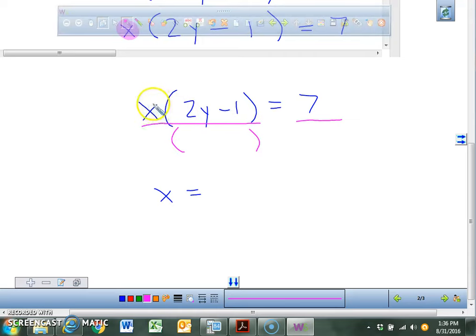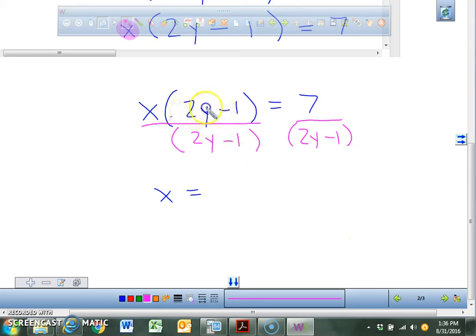This x is being multiplied to the expression of 2y minus 1. So we have to divide both sides by 2y minus 1.